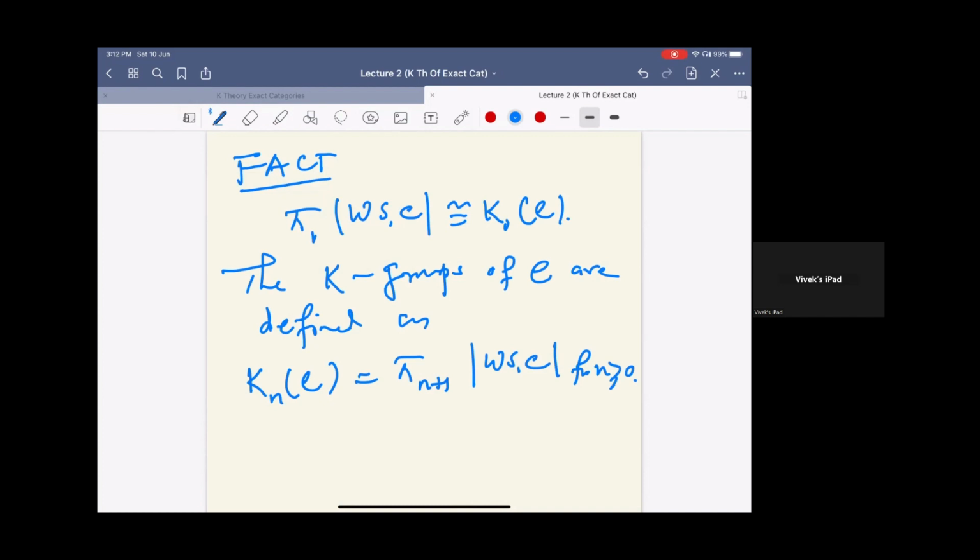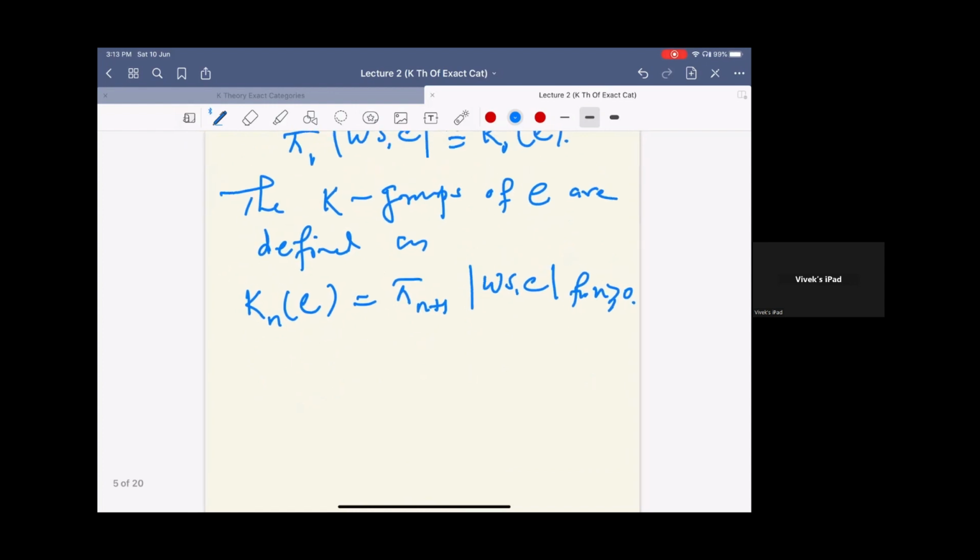Okay. So from the definition, you can see this definition of K groups is actually given by homotopy groups. So it's very difficult to compute. Okay. So that is about Waldhausen categories.